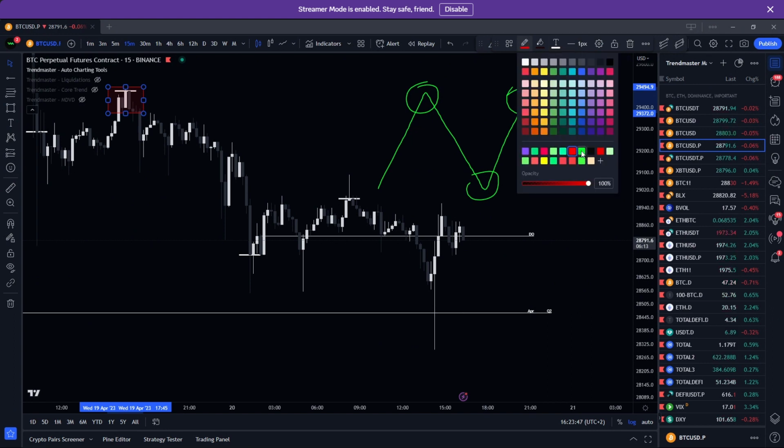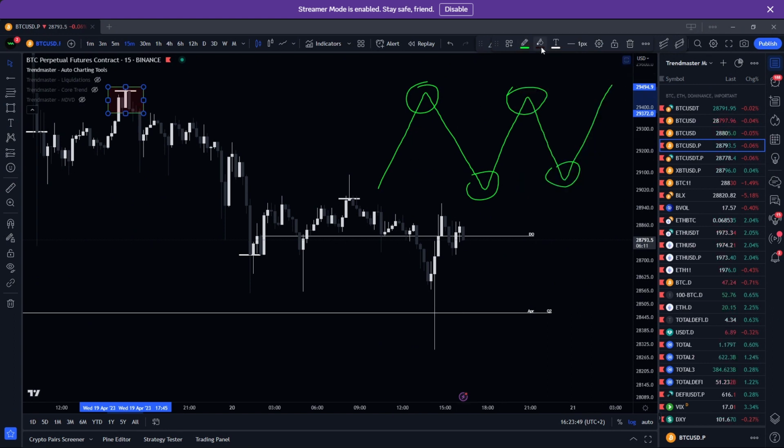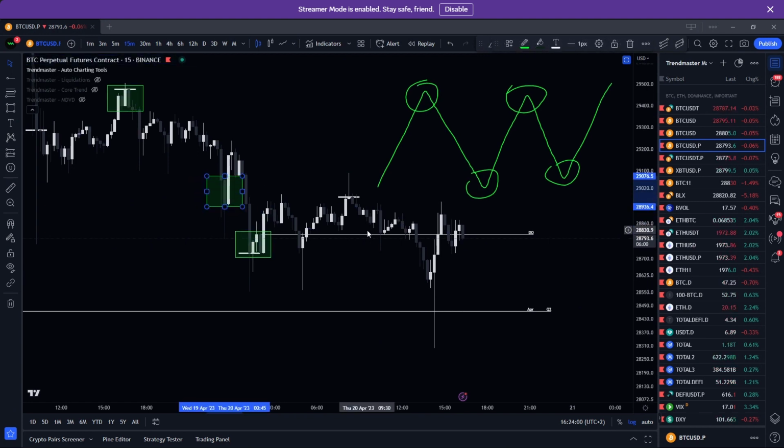I'll make those green, the green fill box. Green, right? These are ranges. And we'll put another one here. And another one actually there, because this is an important one too.